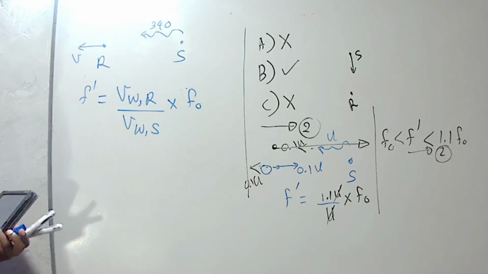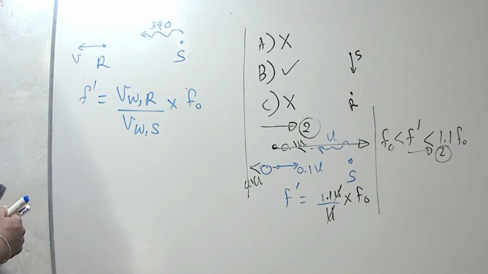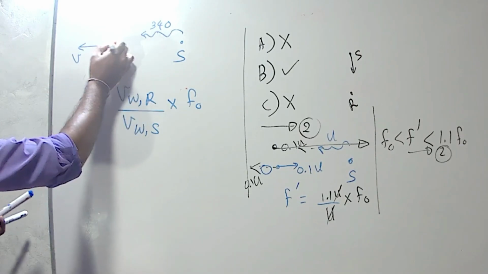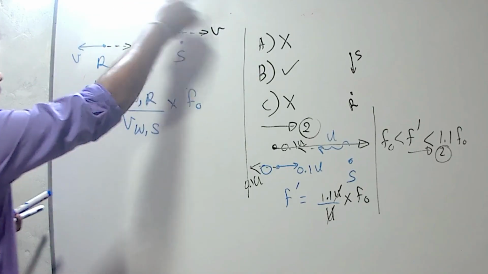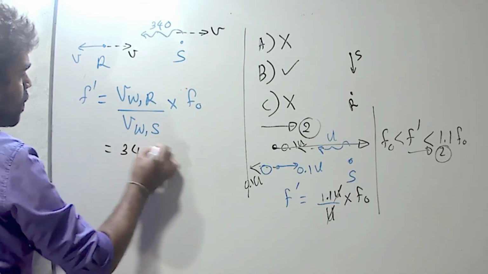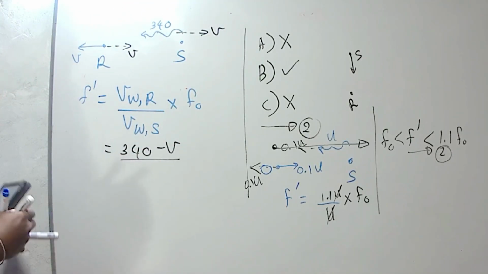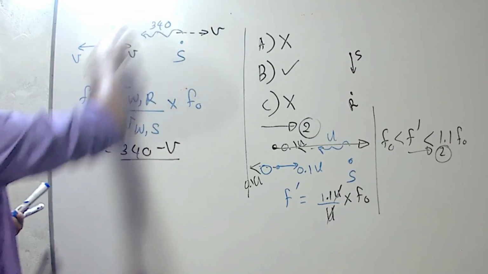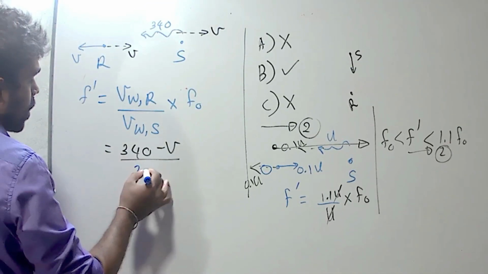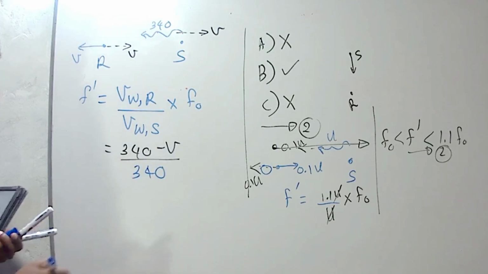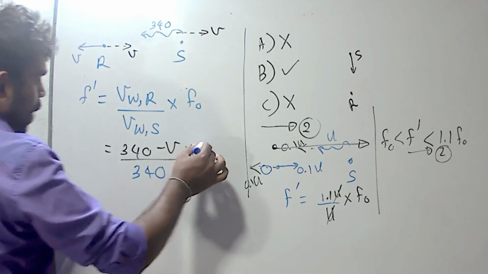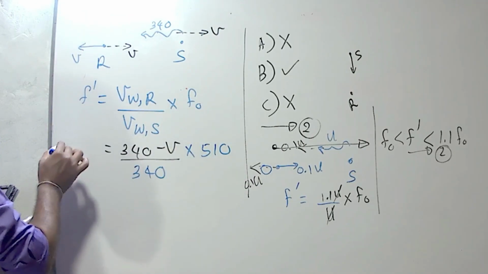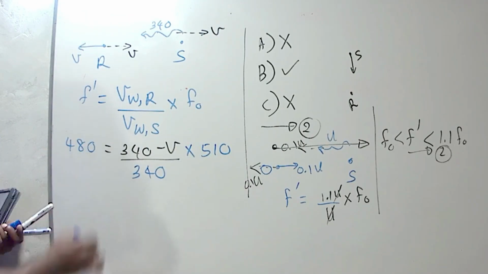Then f dash equals the velocity of wave relative to the receiver divided by the velocity of wave relative to the source, multiplied by the real frequency. When getting the velocity of wave relative to the receiver, we have to give an opposite velocity to the receiver and do the same thing for the wave: 340 minus v, divided by the velocity of wave relative to the source. Source is at rest, therefore we substitute the real velocity of sound, multiplied by the real frequency 510, actual frequency 480.